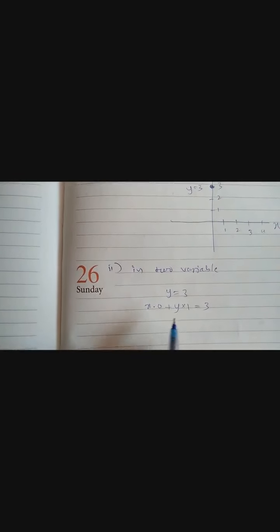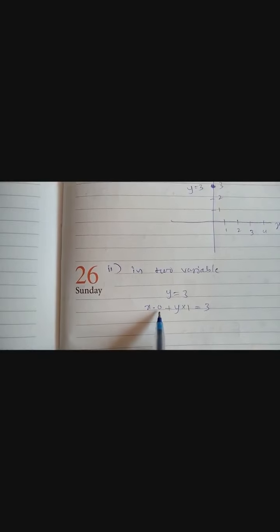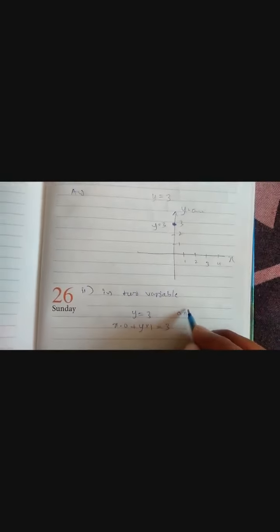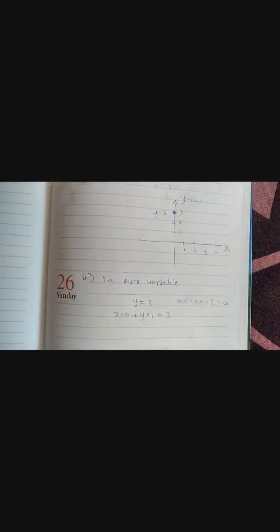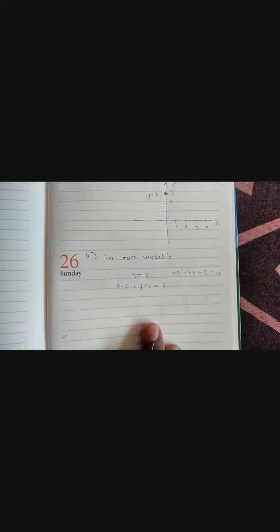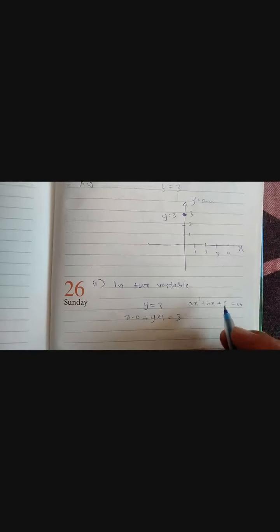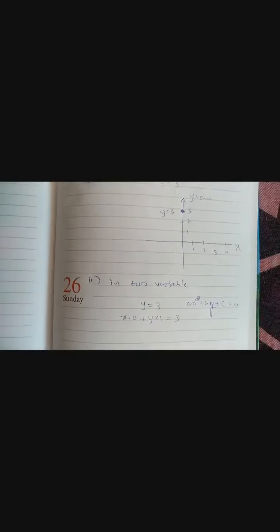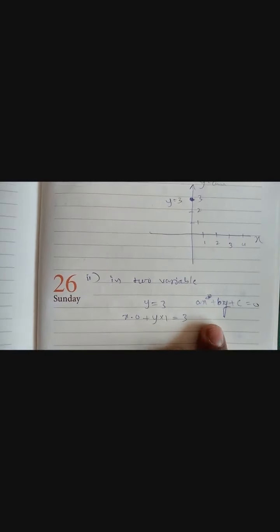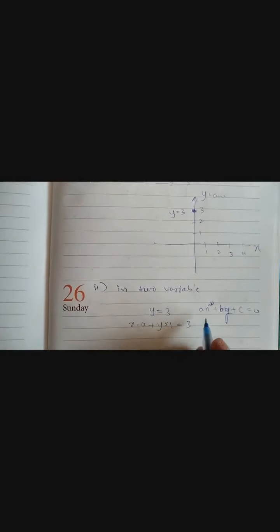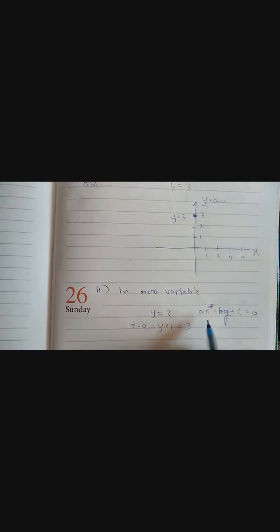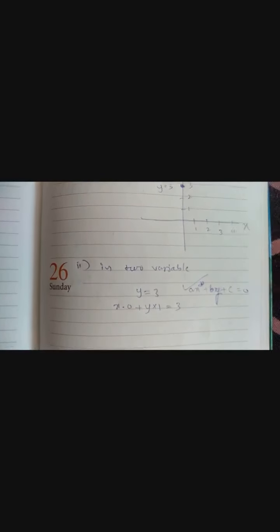See here there is no x term, so x into 0 plus y into 1, because you have to write in the form of ax plus by plus c is equal to 0. This is the general form of the linear equation in two variables. So here, first, y is equal to 3 you have to write in the form of ax plus by plus c is equal to 0.